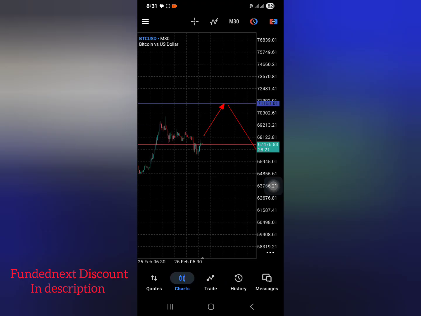So now if a person wants to change from GBP USD to Bitcoin, a different currency pair, I choose a different one.